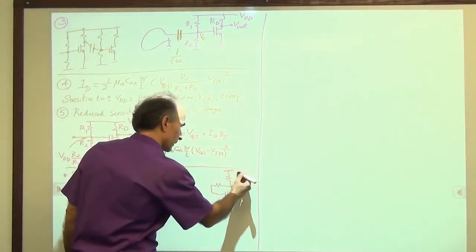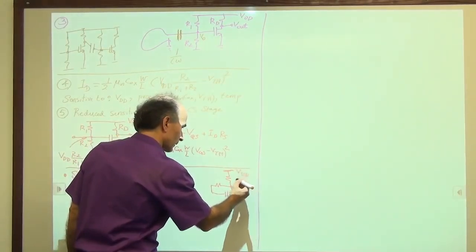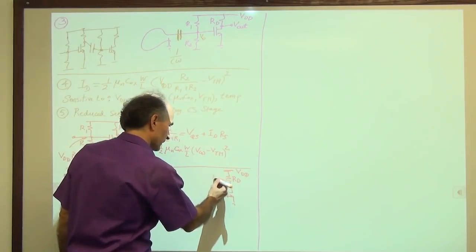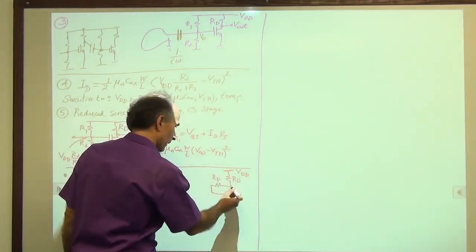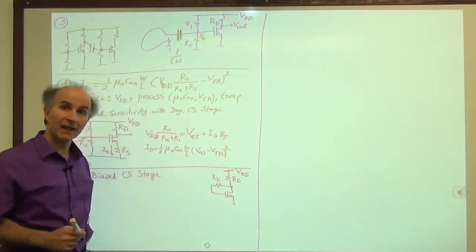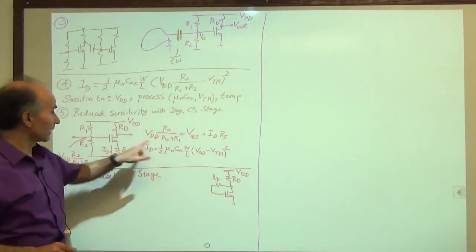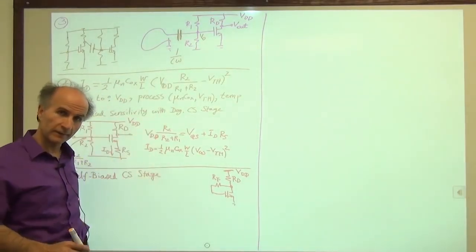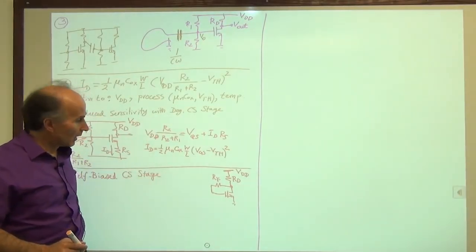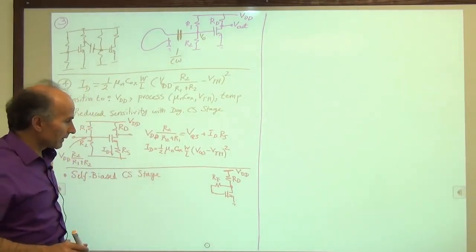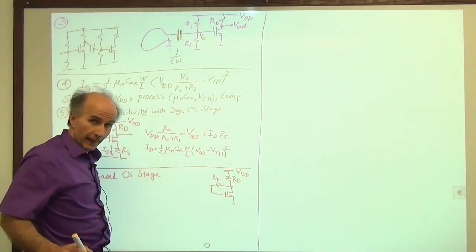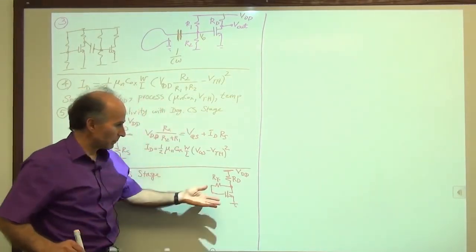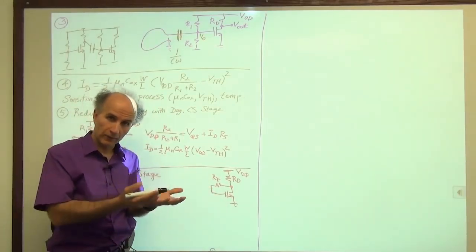So this circuit has many interesting properties, which you might learn in more advanced courses. But let's just see how this operates and why it should be less sensitive than these circuits, especially this circuit, to these variations. Let's say, as an example, that we build the circuit on wafers.